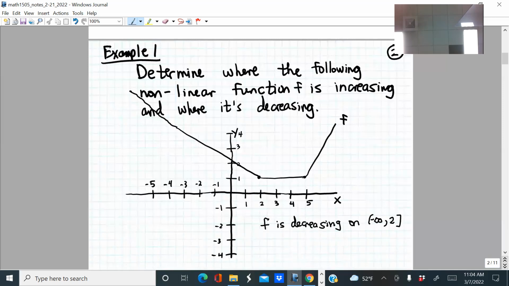What about this piece? It's not changing, right? Okay, so that's neither increasing nor decreasing. Well, a curve that's neither increasing nor decreasing is said to be constant. That makes sense, right? As you move from left to right over this piece of the curve, the y values are staying constant.